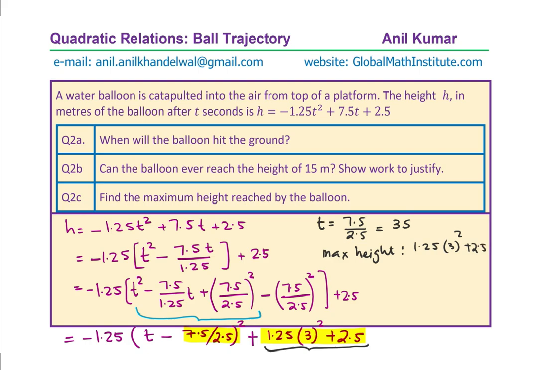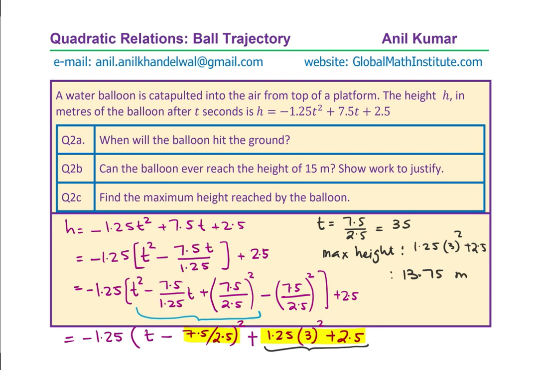So let's calculate this. That is 9, right? Let's use the calculator if required. 1.25 times 9 plus 2.5 gives you a value of 13.75. And this value is in meters.